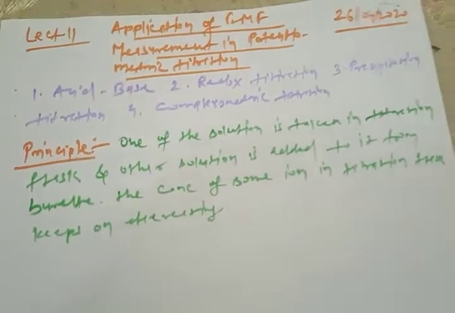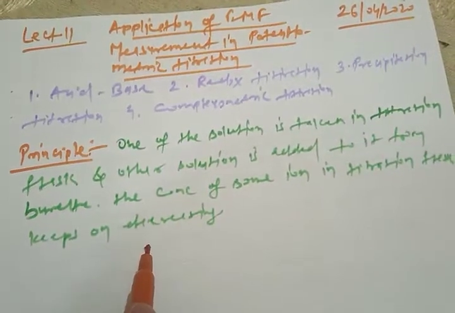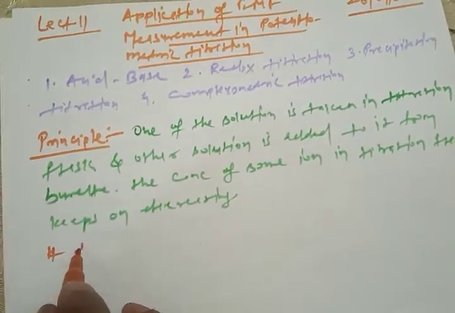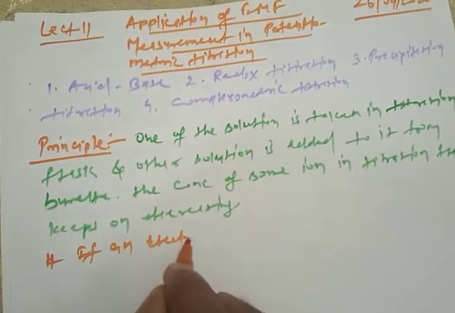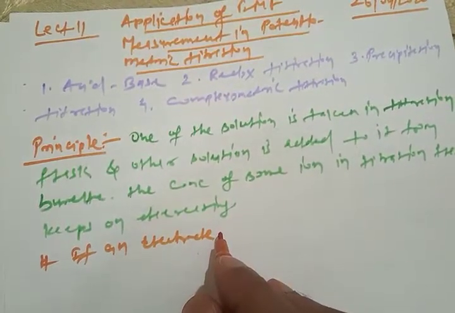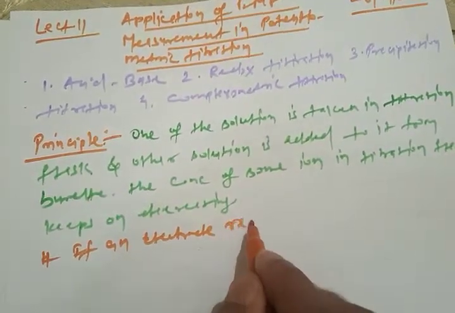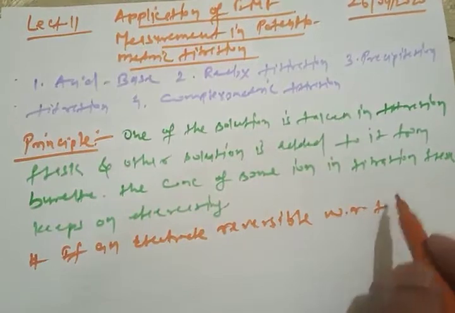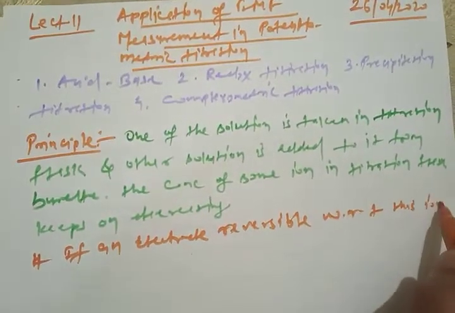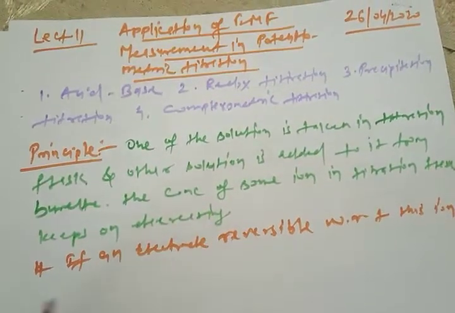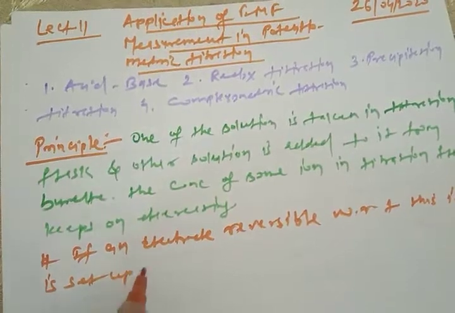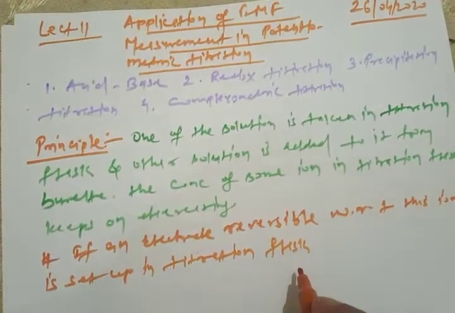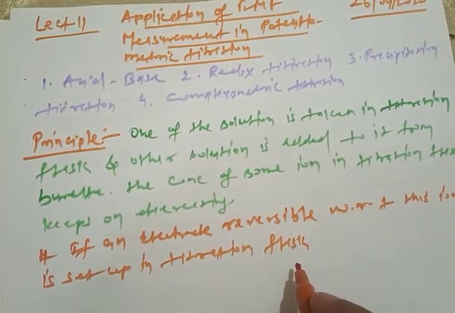What will you do in case of potentiometric titration? If an electrode reversible with respect to this ion, the ion whose concentration I'm talking about, is set up in the titration flask, its electrode potential will keep on changing.